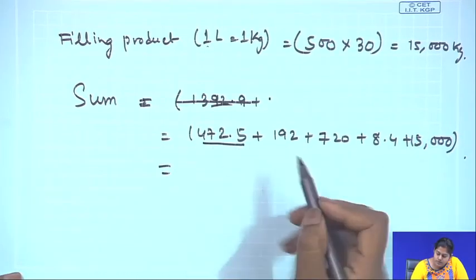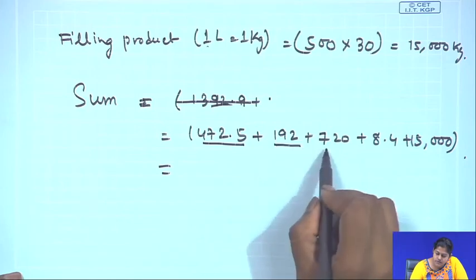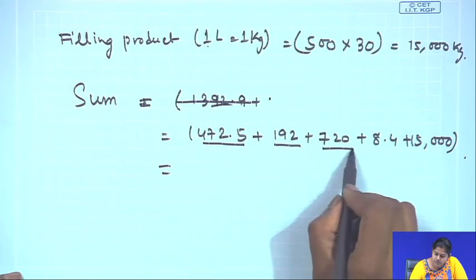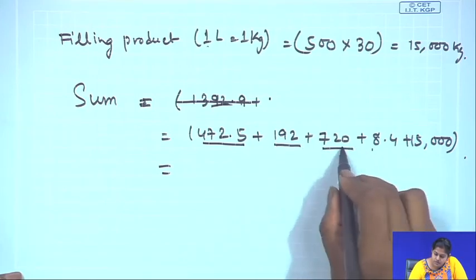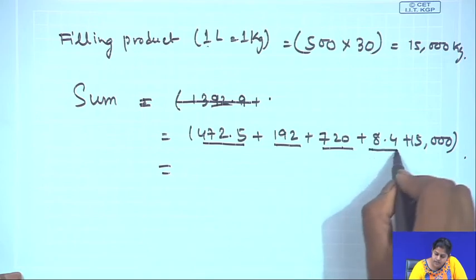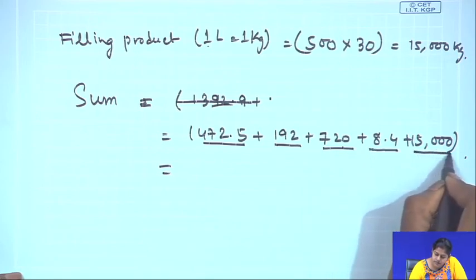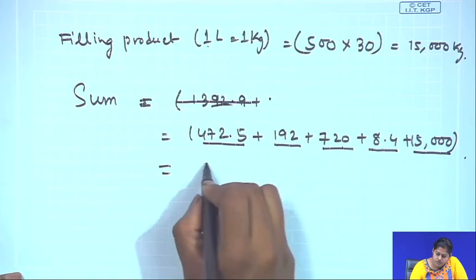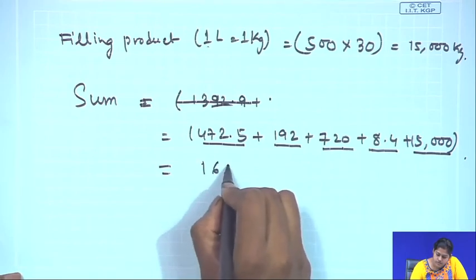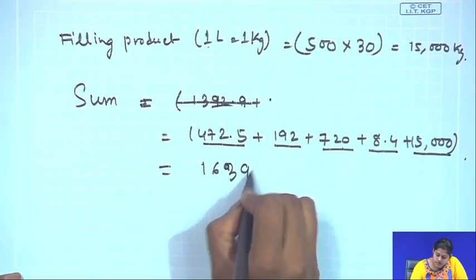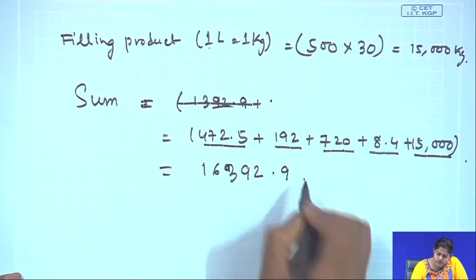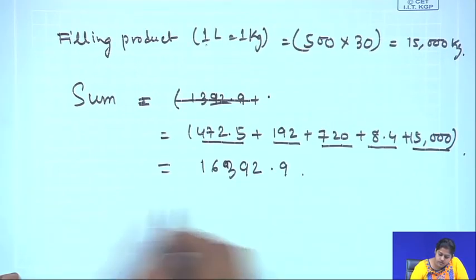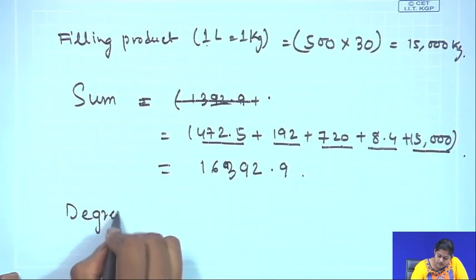This is the weight for primary packaging, this is the weight of secondary packaging, this is the weight coming from Euro pallets, this is the weight coming from pallet foil, and this is the weight coming from the filling product. So, in total it will be 16,392.9.